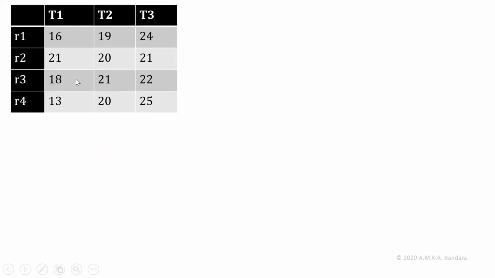Here, this is our data set. We have 3 treatments and 4 replicates. We calculate the square of each and every observation. Here 16, the first observation, that is y11, square that. Then this is 21, that is y12, square that.